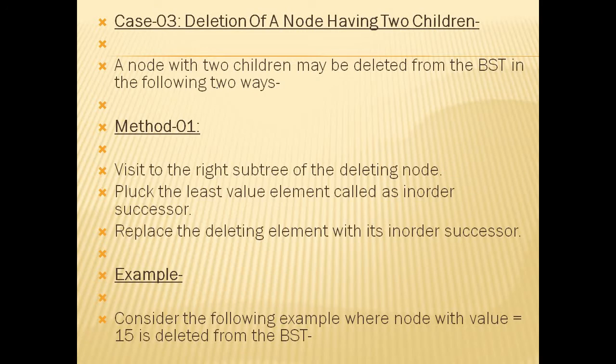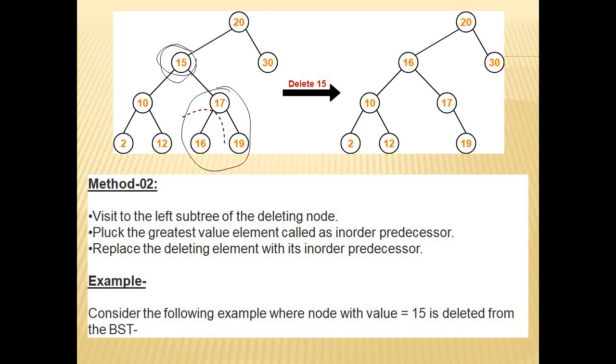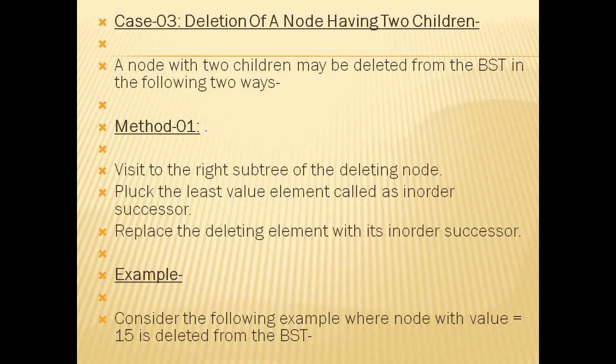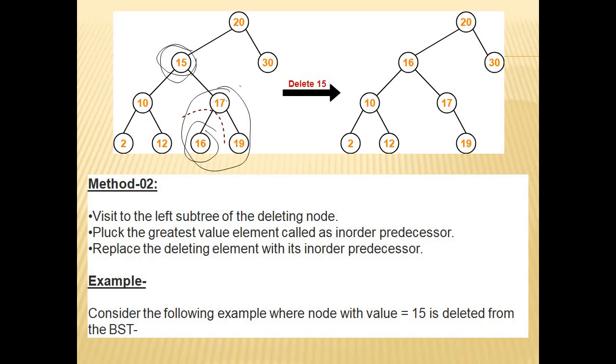Pluck the least value element, called the in-order successor. Here the least value of this subtree is 16. We found the least value, 16. And next, replace the deleting element with its in-order successor, which means you just replace 15 with 16.